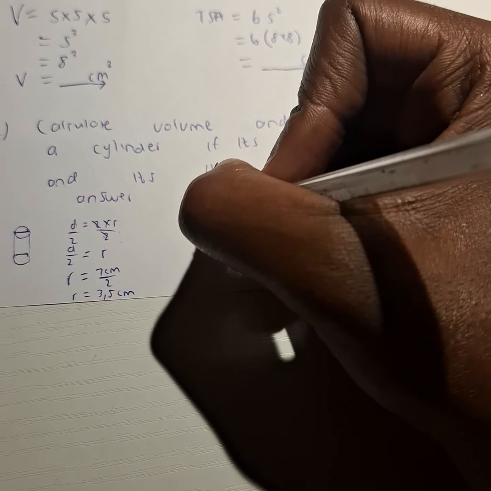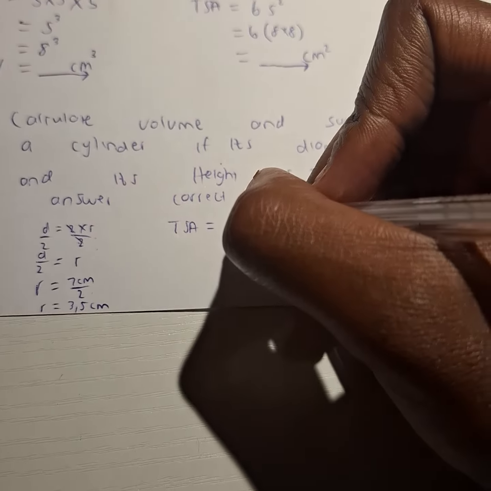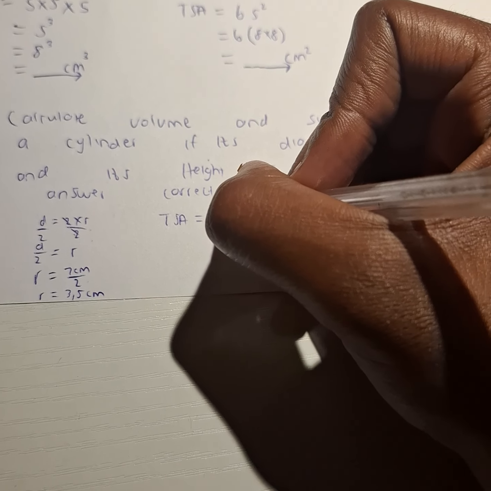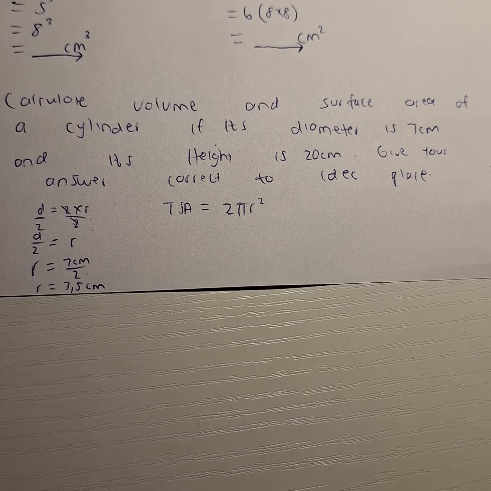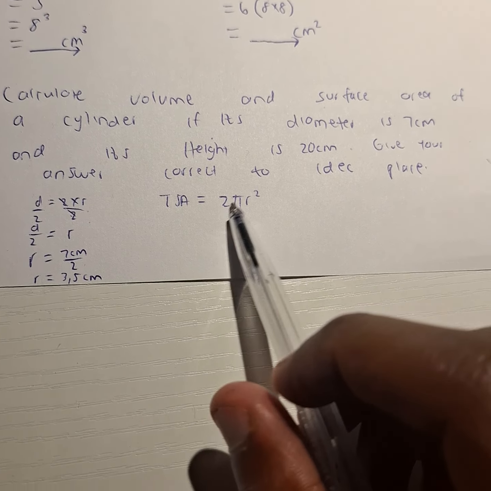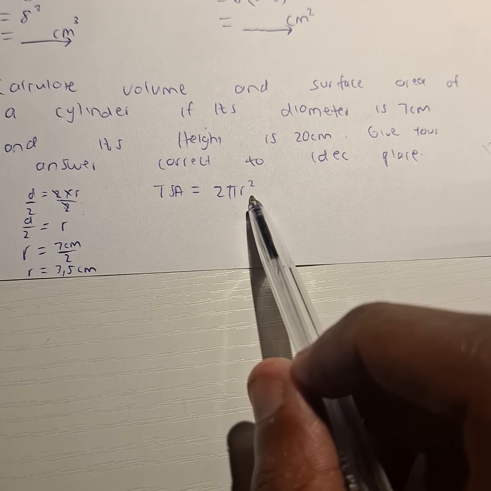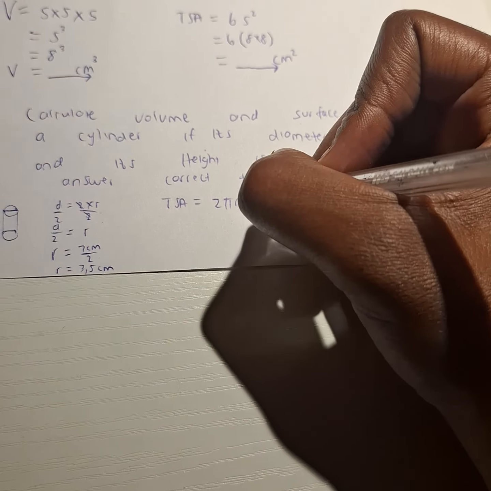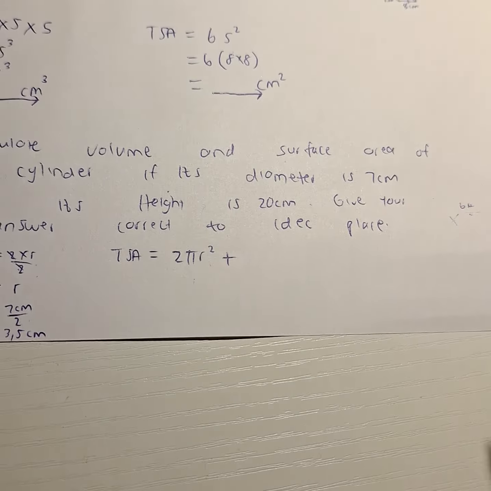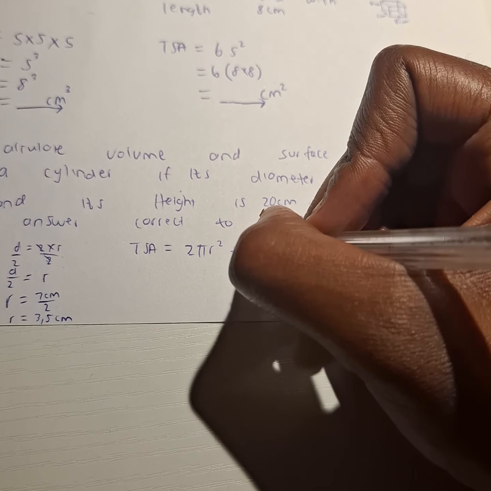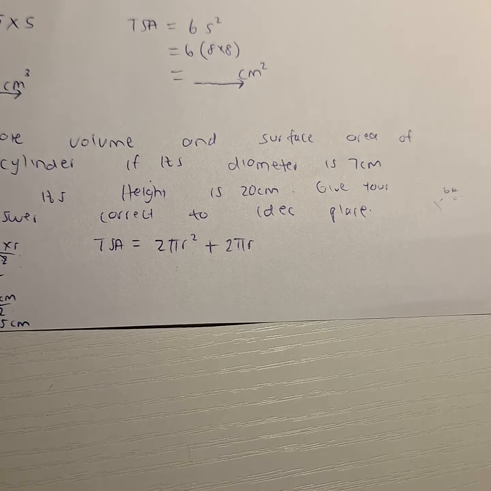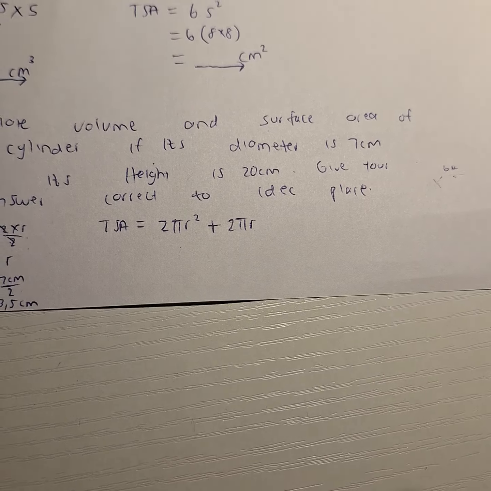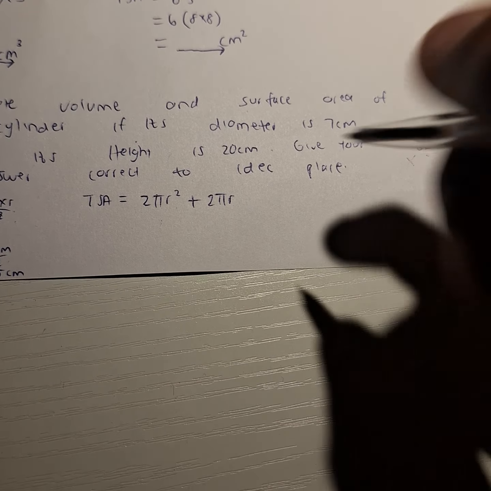Then we can come here and calculate the total surface area. We know that there are two circles, so the area of the 2 closed circles will be pi r squared, and we multiply by 2 because there are 2 circles. And then we know that the lateral surface of that cylinder will have the dimension 2 pi r, which represents the circumference of the circle.